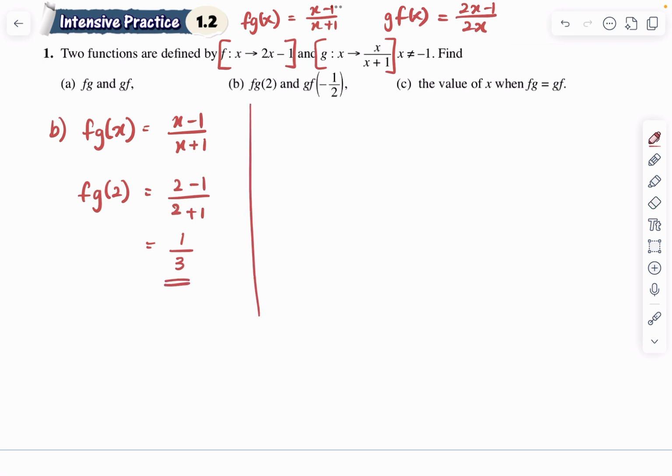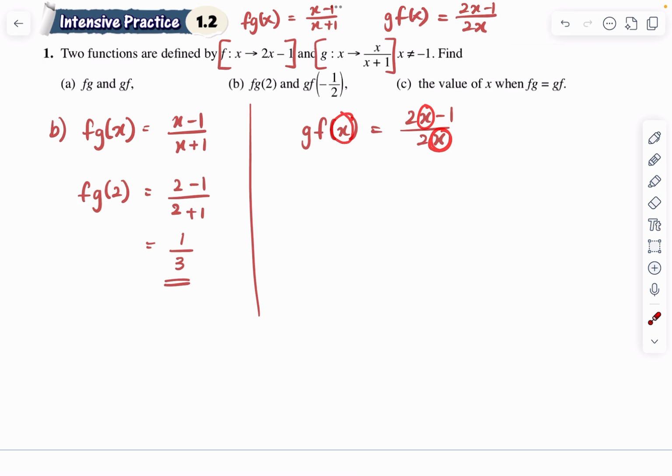And then gf(negative 1 over 2). So before that, let's look at what is gf(x). gf(x) is 2x minus 1 over 2x. So gf(negative 1 over 2) will be 2 times negative 1 over 2 minus 1 over 2 times negative 1 over 2.